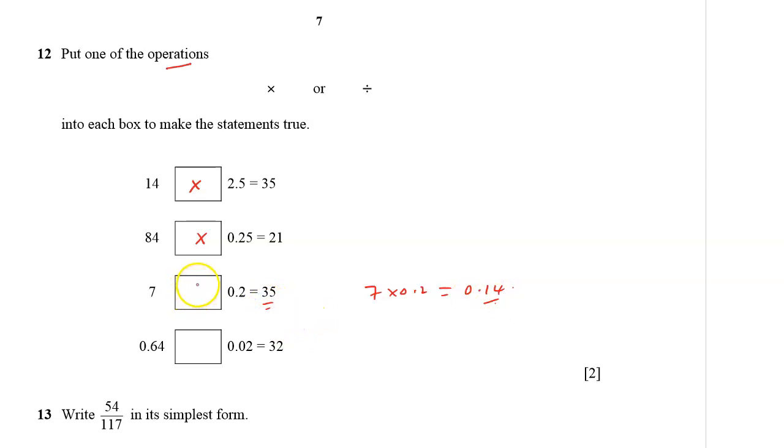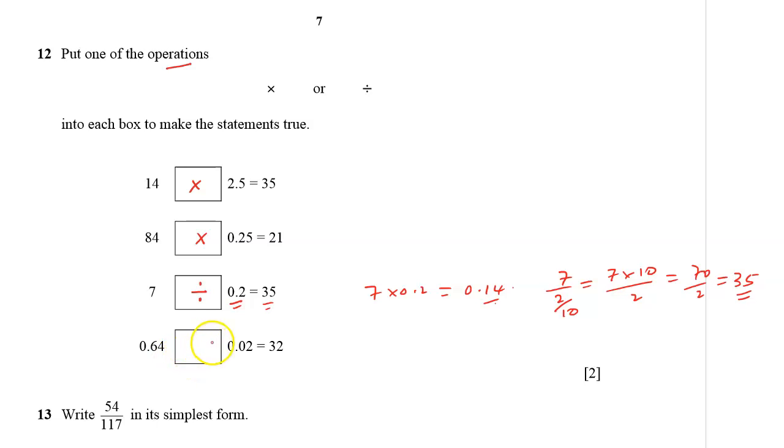So this can only be division. You can also prove that: 7 divided by 0.2, which is the same as 2 divided by 10. And therefore this will be 7 times 10 divided by 2, which gives us 70 divided by 2, which is 35, which is correct.